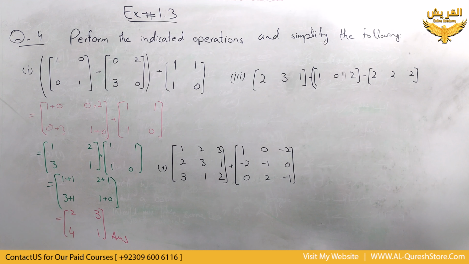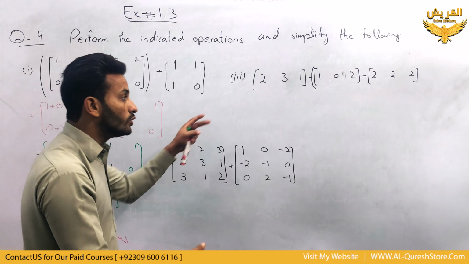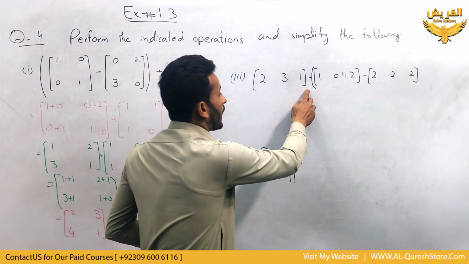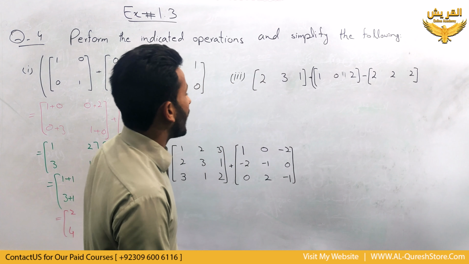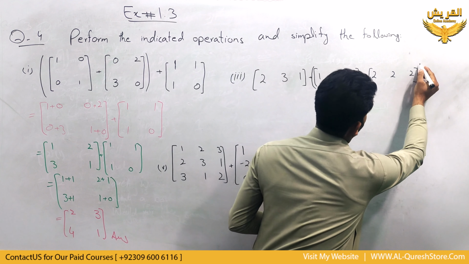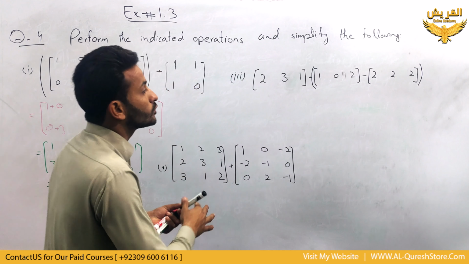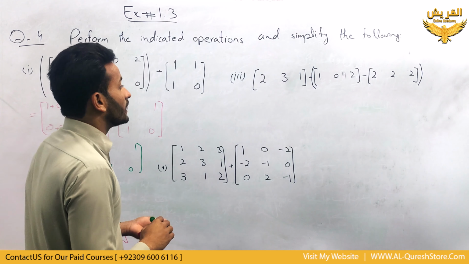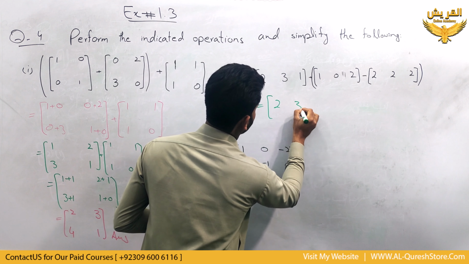Next we start a matrix having order 1 by 3. In this matrix we use two binary operations. One is addition and the other is subtraction. As subtraction is in the bracket, we solve this part first, which is in the bracket. We solve the subtraction initially. For this, 2, 3 and 1.